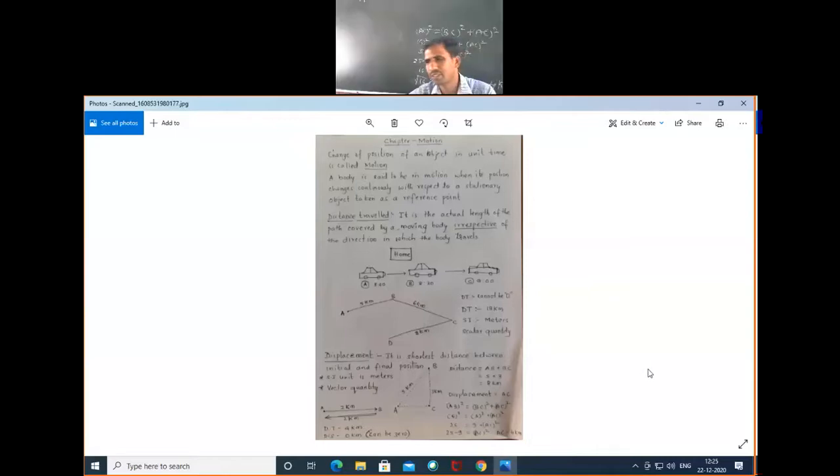Then one more difference. Who will tell one more difference?